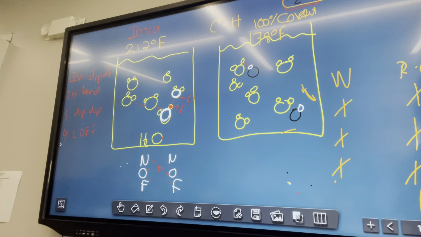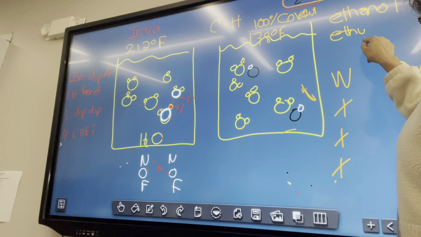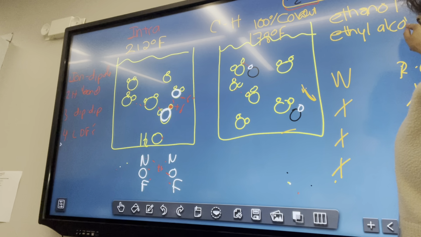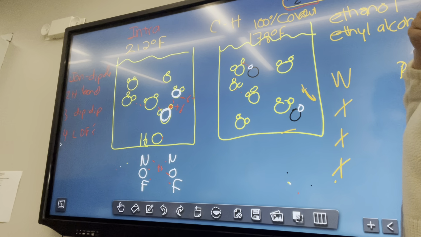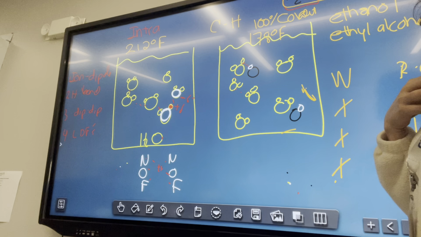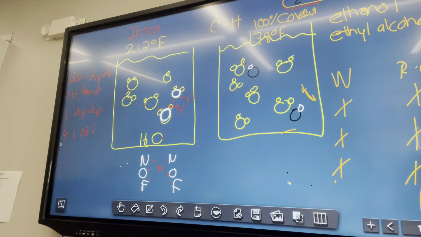They can call it ethanol, or they can call it ethyl alcohol. I think those are the only two names for it. Ethyl, because there's an ethyl group with an OH, and ethanol is just the whole thing. However you want to call it, I normally call it ethanol, but a lot of people call it ethyl alcohol. It's the same thing.